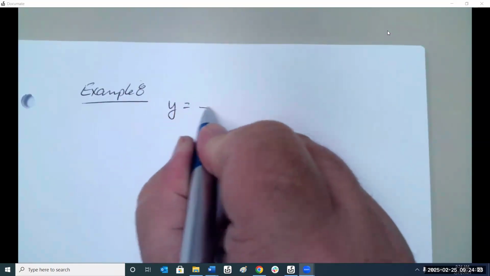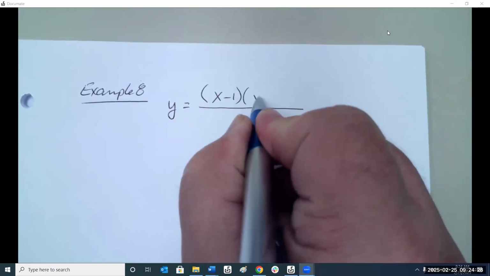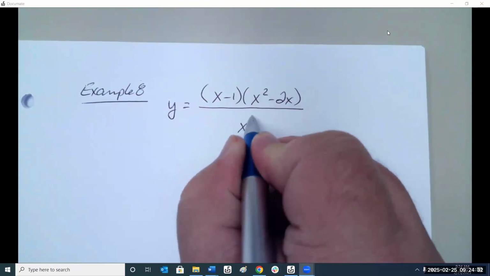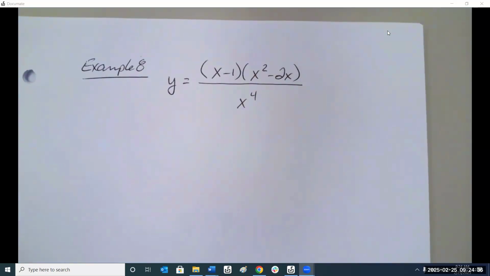Y is equal to x minus 1, x squared minus 2x, all over x to the fourth. How would you go about doing this one?